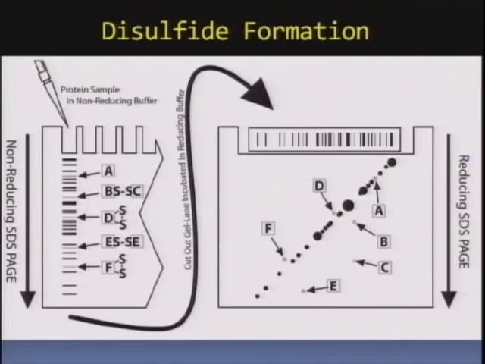We use the traditional two-dimensional SDS-PAGE system. This is a typical way to do it. First, you run the first dimension with non-reducing SDS-PAGE. Then you cut this strip and run a second, reducing SDS-PAGE gel.